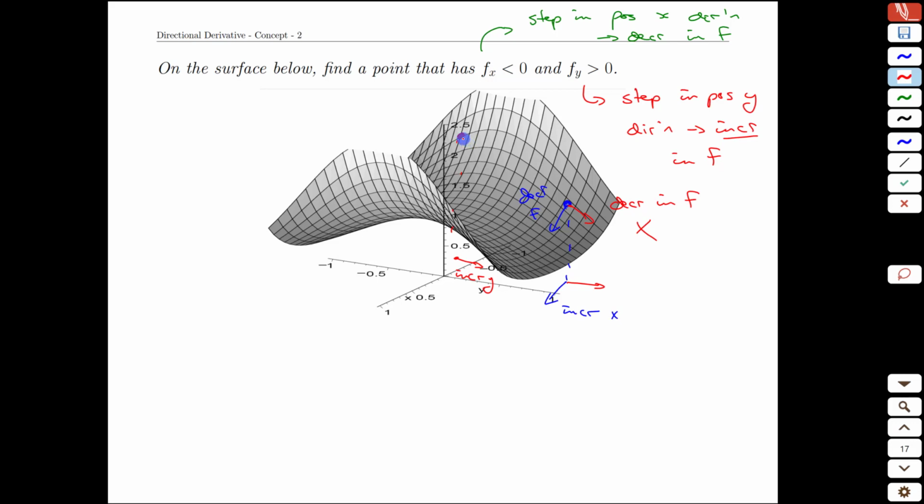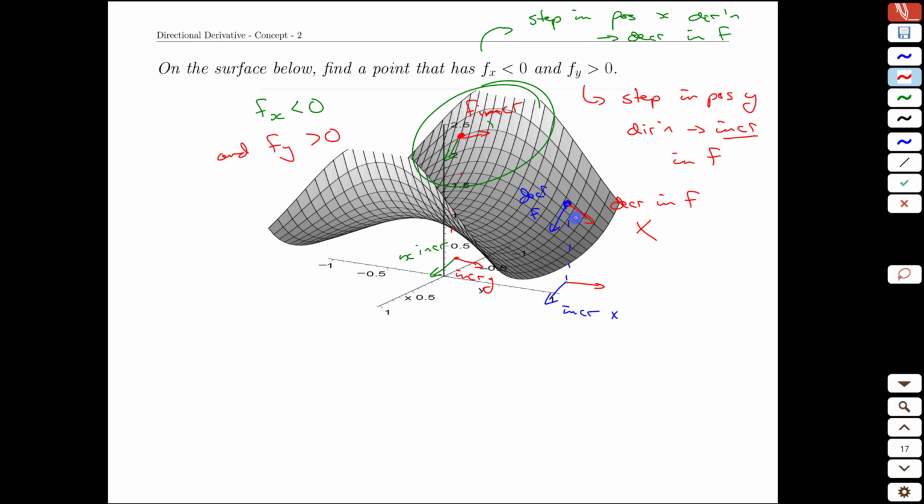If we increase y there, we will be going up on this hill, so our f is going to increase, and as before, if we take a step in positive x, then we're going to go downhill, and so this point here has the x slope being negative and the y slope being positive.